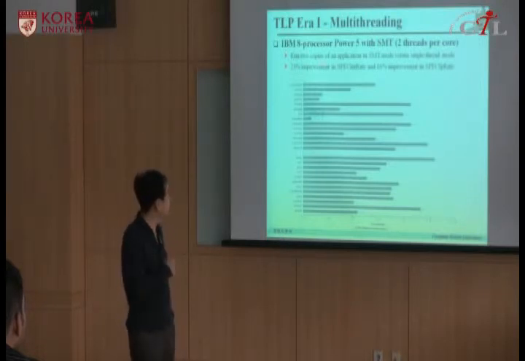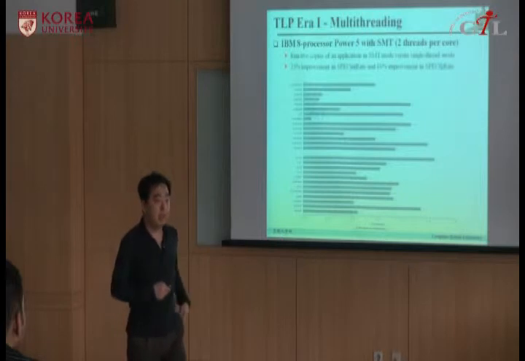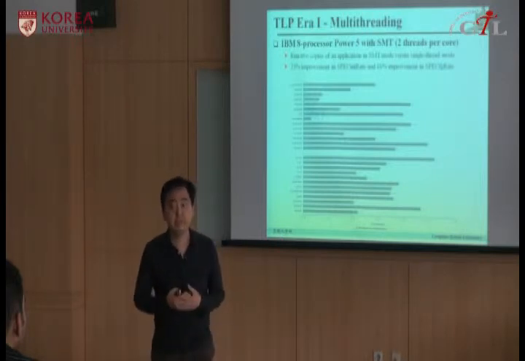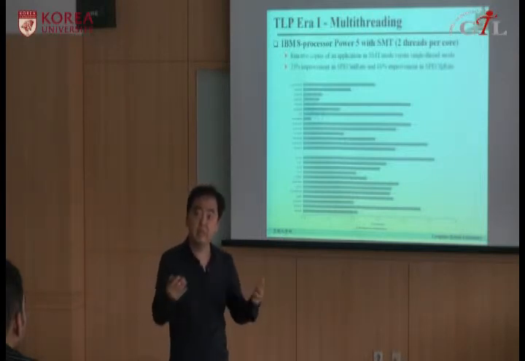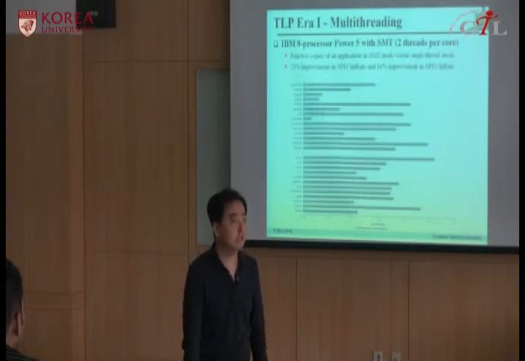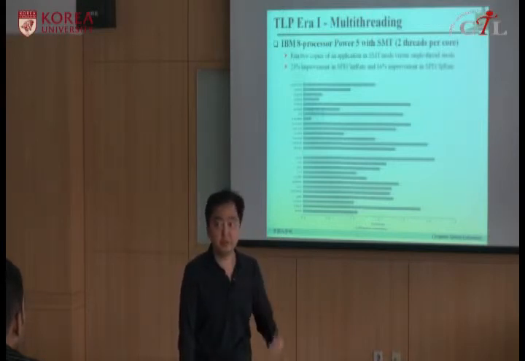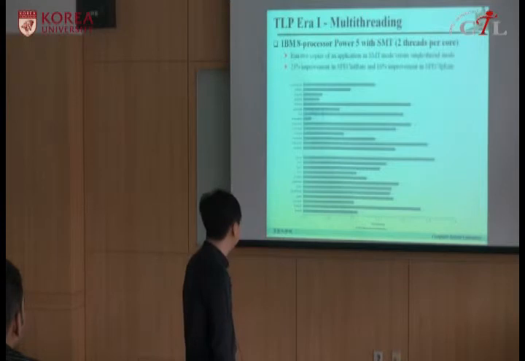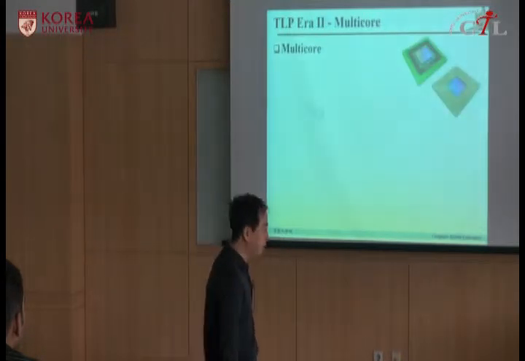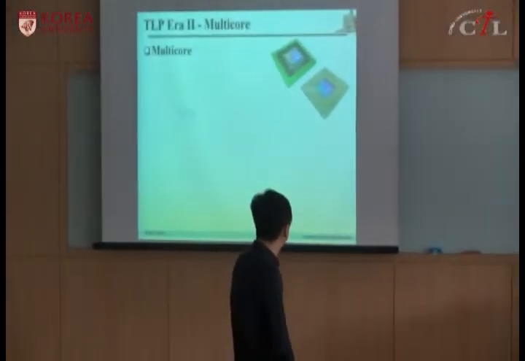You have more improvement in integer applications, which means PC applications, because there are more bubbles, and you can target these bubbles with instruction issue from the other thread. So that's one solution. The other solution is multi-core.